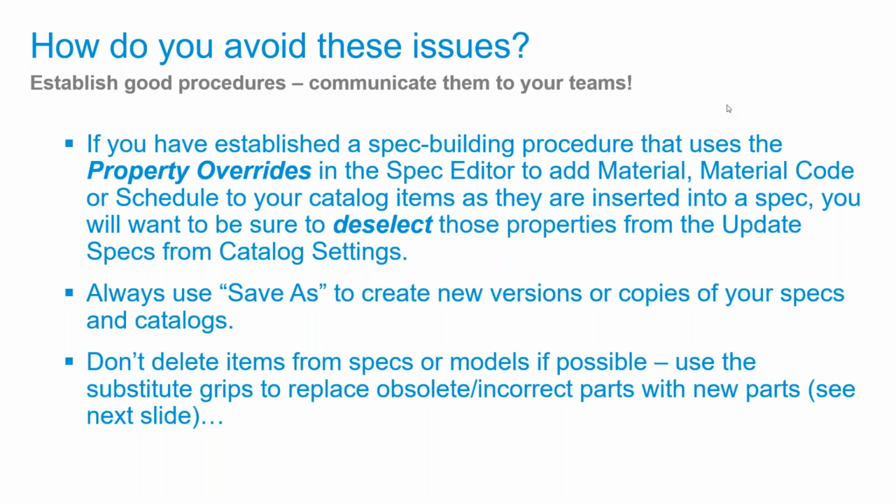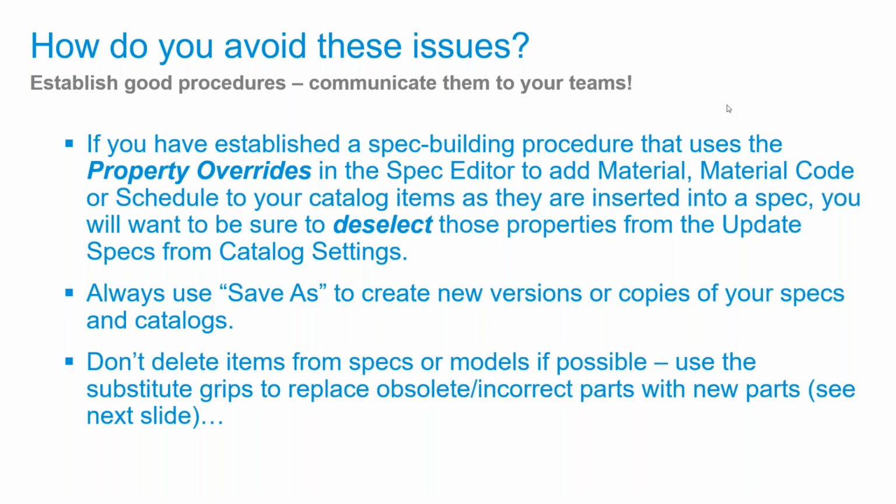If you have established a spec building procedure that uses the property overrides in the spec editor to add material code or schedule into your catalog items as they are inserted into the spec, you will want to be sure to deselect those properties from the update. All right, so this makes sense.